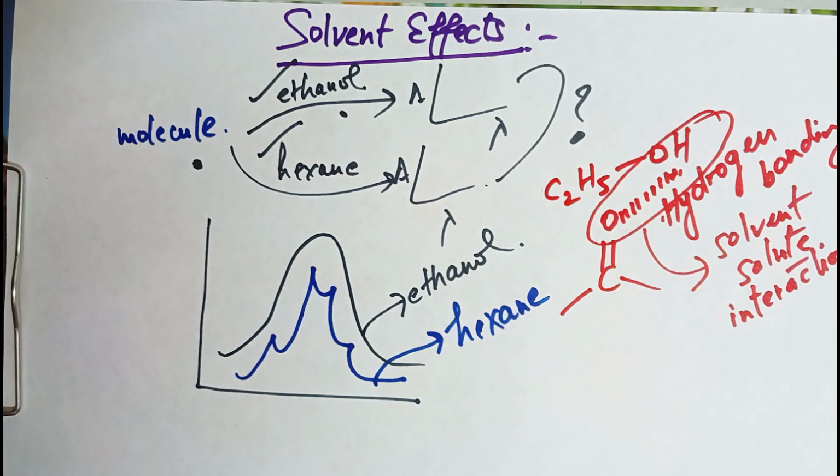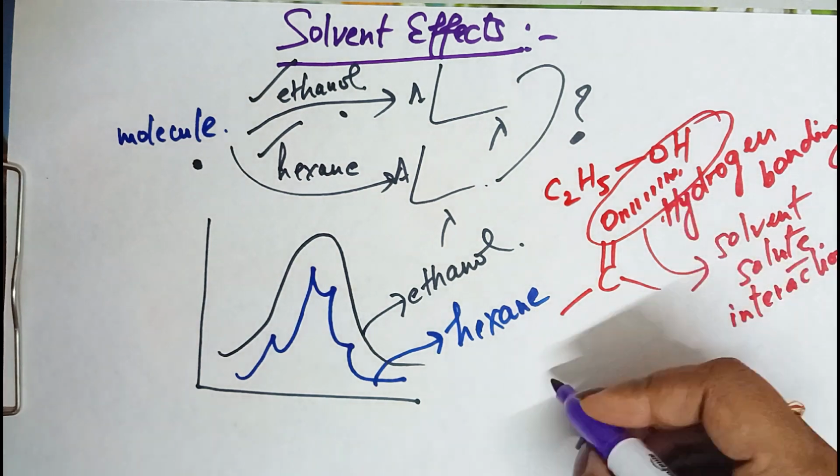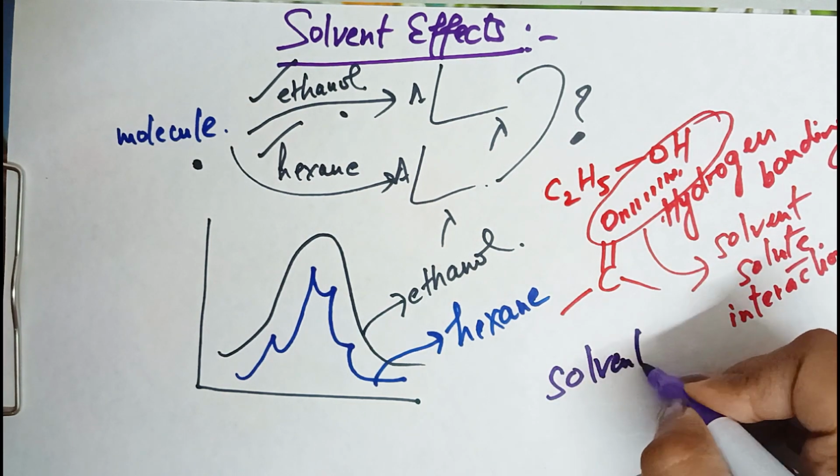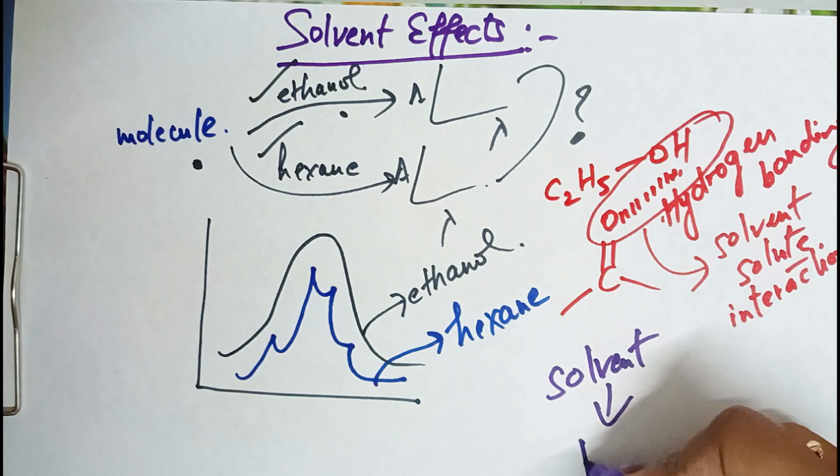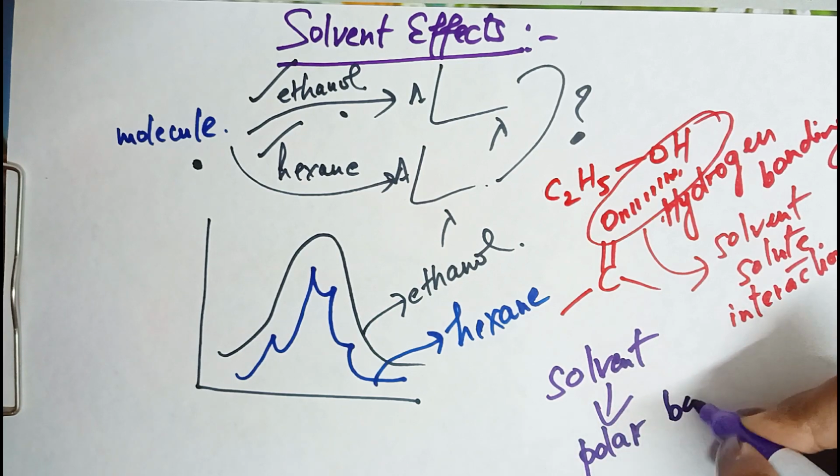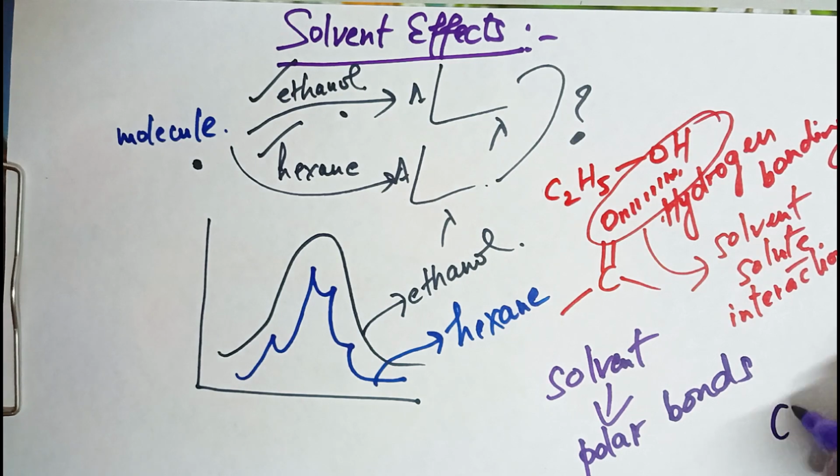So now we will understand the effect on the bonds. One thing we have to consider here is that the effect of the solvent is only on polar bonds, like the carbonyl bond we have taken.